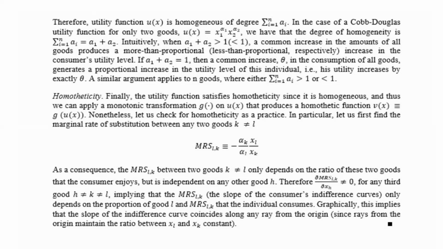Monotonic transformation means we will just manipulate this utility function. We can add some constant, or we can subtract some constant from it, and we can make it monotonic transformed by adding or subtracting, or just some mathematical manipulation.